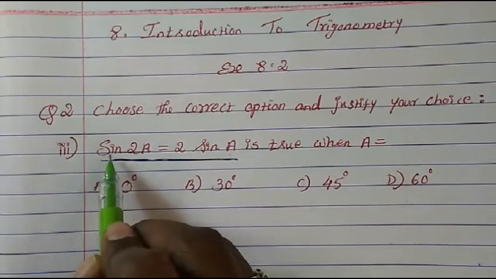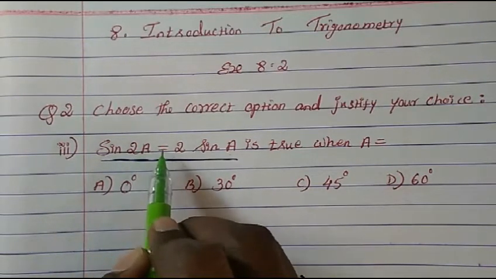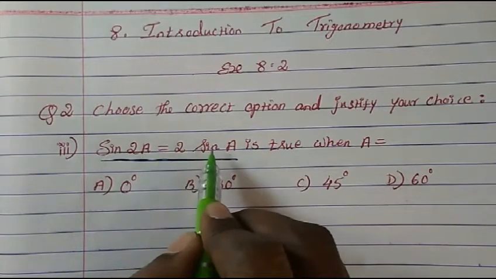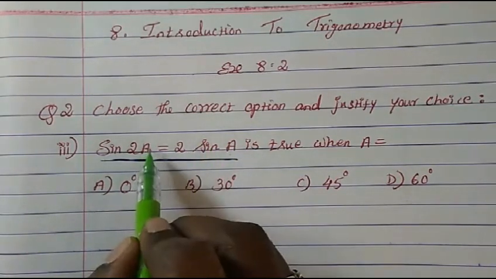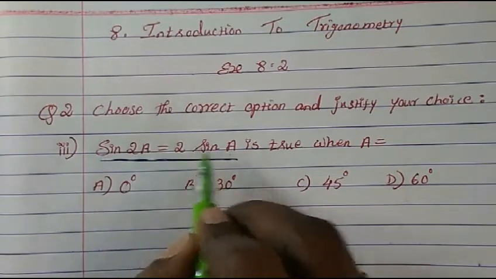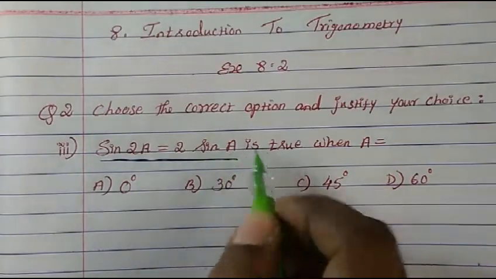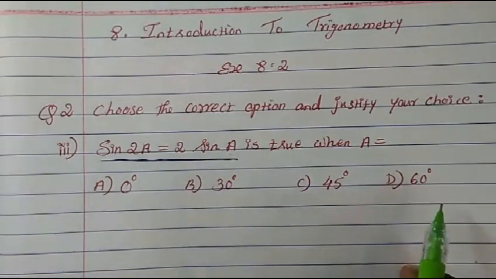So sine of 2 times the angle, is it equal to 2 times sine a? Whatever may be the angle, whether 2 sine a is true when a is equal to any of these options.